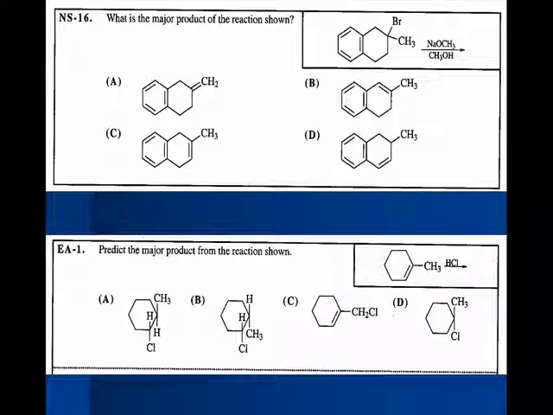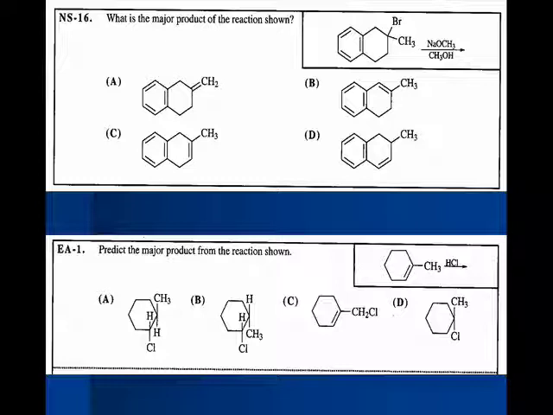I'd eliminate A. And we can eliminate D for a different reason, right? Why can we eliminate D? Yeah, the bromine's not anywhere close to that, right? So we can eliminate A and D. You just went from a quarter to a half in terms of your odds, right? Every good gambler puts their money on the table at 50-50 odds.